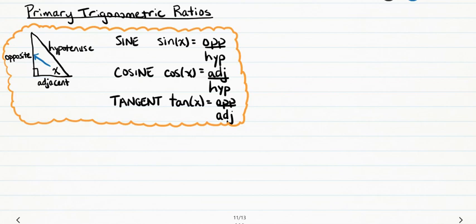And the tangent ratio of a reference angle, x, is defined as the opposite side over the adjacent side. And depending on what information is given about a triangle, we can use any of these three ratios to determine unknown side lengths or unknown angles within a right triangle.